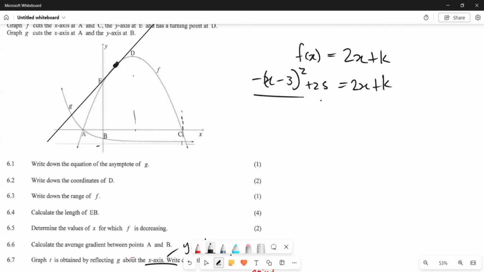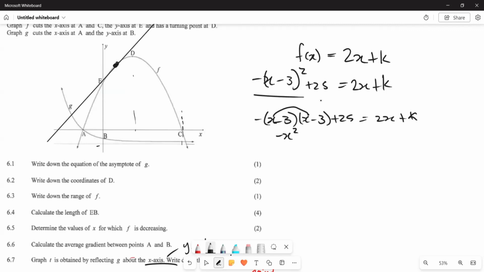If you are solving this particular side, this is the same as negative times (x subtract 3)(x subtract 3) plus 25 is equal to 2x plus k. Now this is negative x squared, when you multiply this by this.